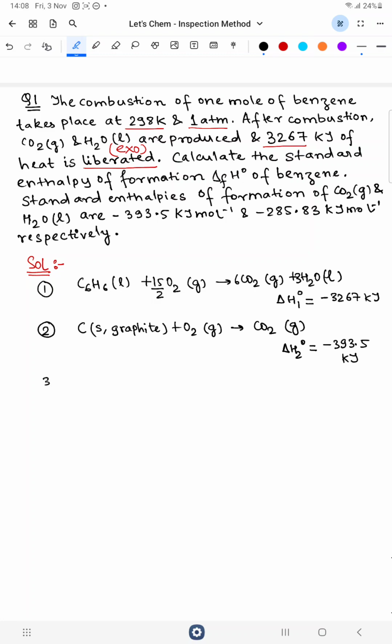Third reaction, standard enthalpy of formation of water. Now 3 reactions are already given to us, but the 4th reaction is not given.